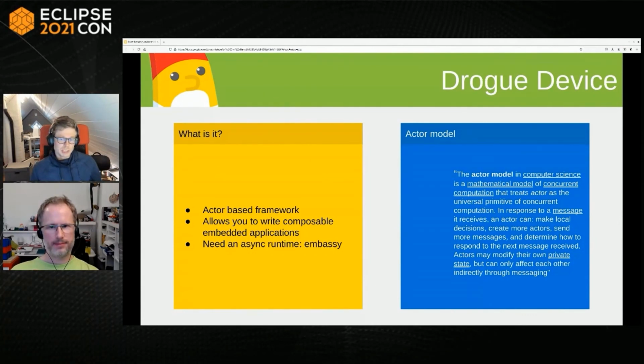So we believe that the actor model is a good fit for embedded systems because it naturally handles the concurrency that arises from interrupts and multiple tasks. And paired with this Embassy async runtime, you get a very efficient and low resource usage in your firmware with pretty good hardware support as well.